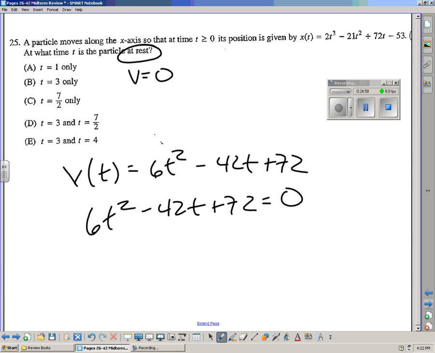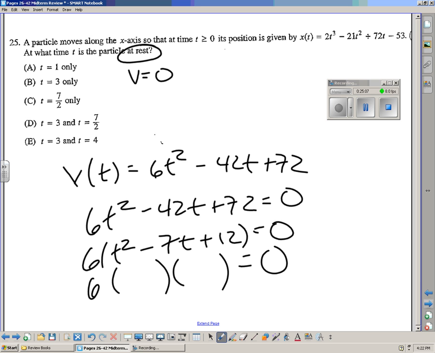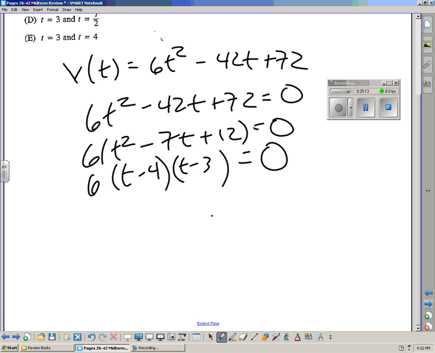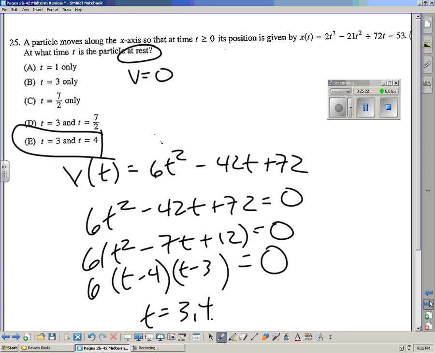We can factor out a 6. We'll be left with t squared minus 7t plus 12. Keep factoring. t minus 4, t minus 3. And so we can clearly see that the particle would be stopped at 3 and 4. Choice E. That is a very easy question.